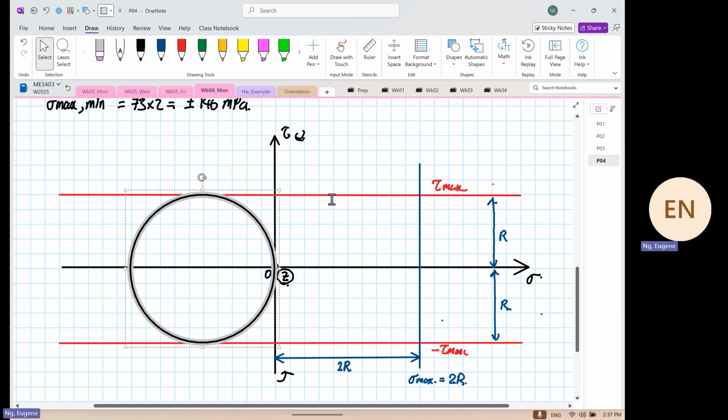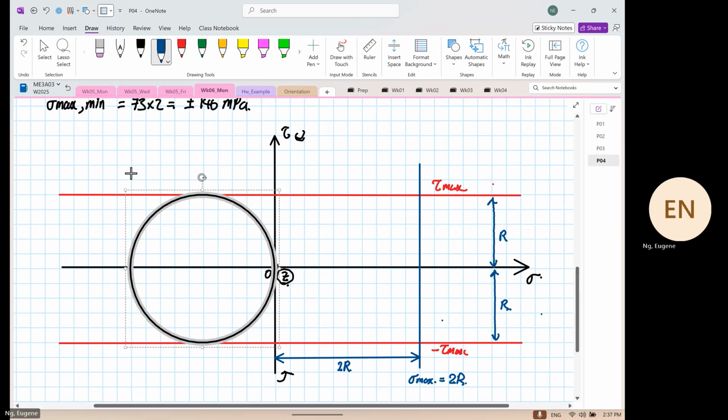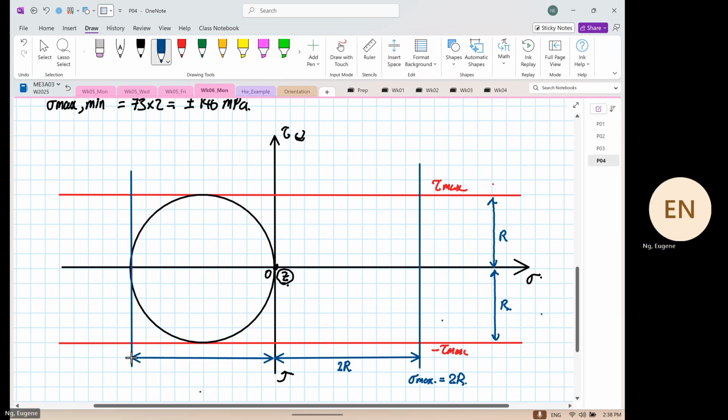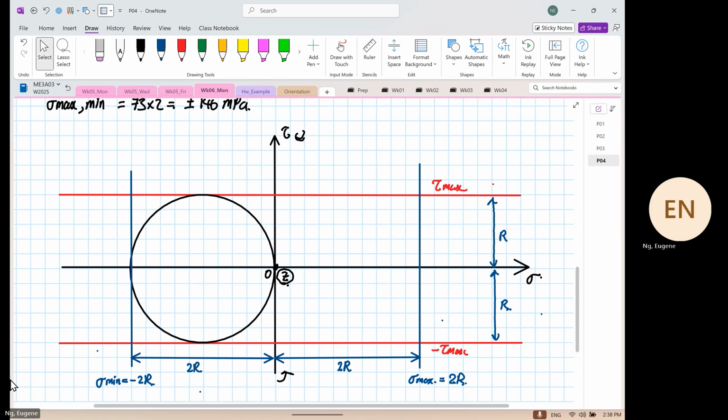If I draw a blue vertical line coming down, we know the distance from here to here is also equal to 2R. So we know that our stress min is also equal to minus what? Wow.